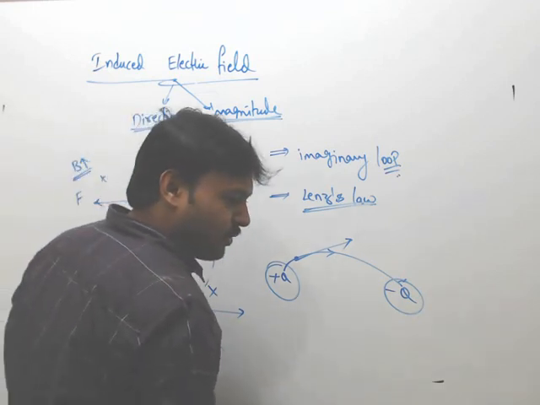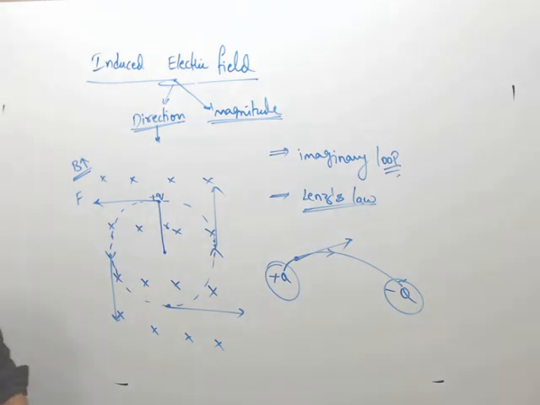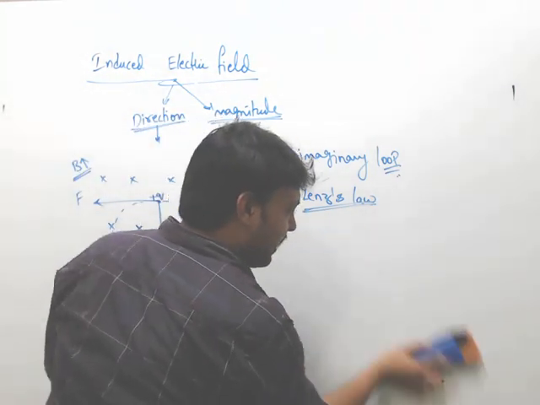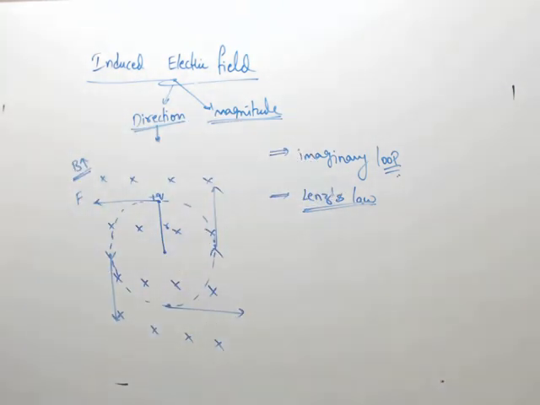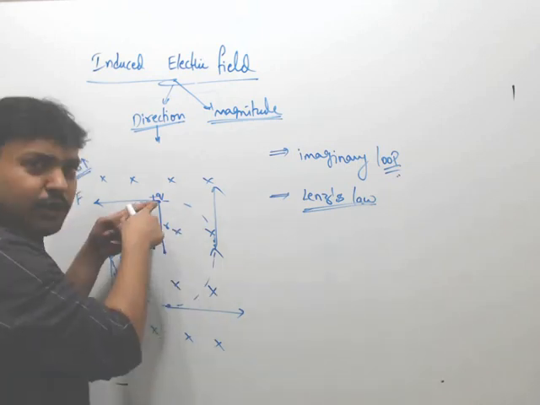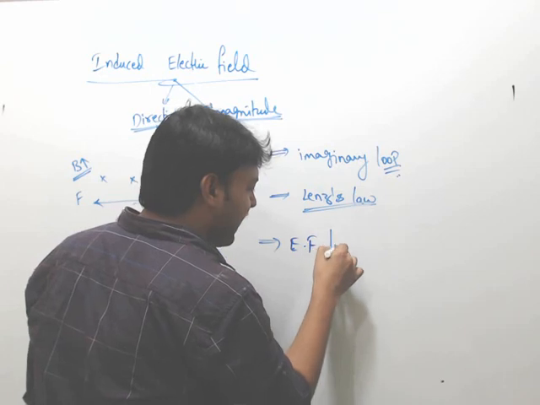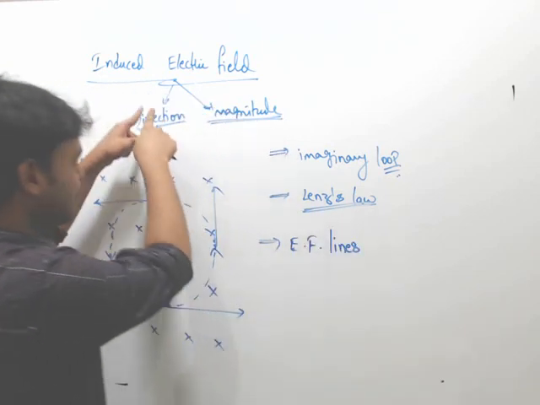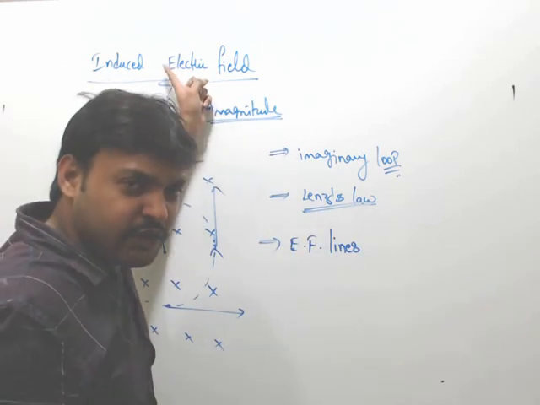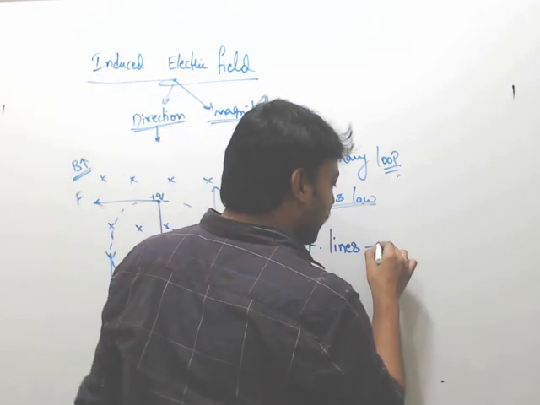Electric field lines form a closed loop. So this is the electric field line for this positive charge. Here I am talking about induced electric field lines: they will form a closed loop.